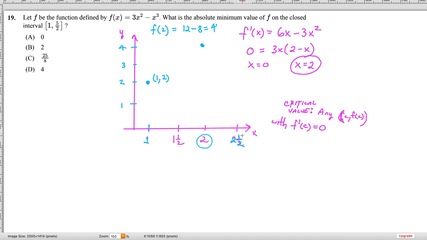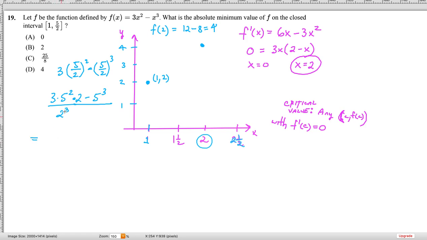And then finally, f of 2.5, which is 5/2. So 5/2 squared times 3 minus 5/2 cubed. And this is the same thing as 3 times 5 squared over 2 squared on the bottom, but I'm going to multiply by 2 on the top and bottom to get a common denominator of 2 cubed, minus 5 cubed.